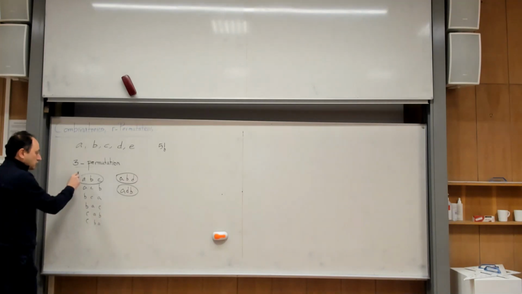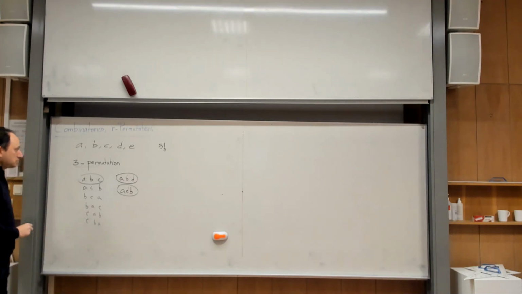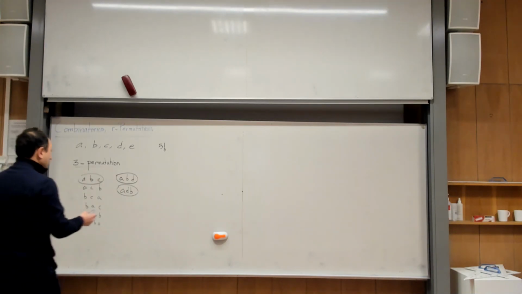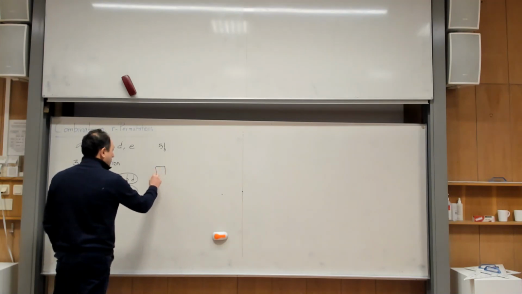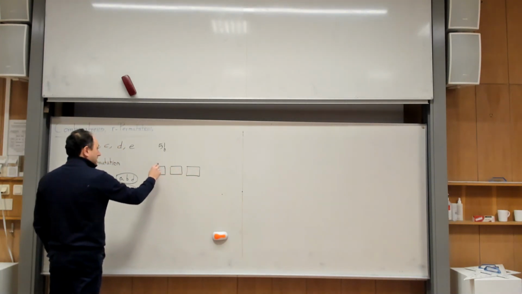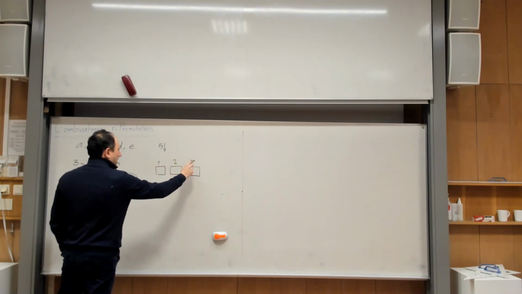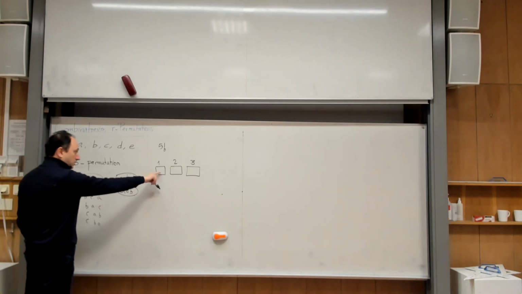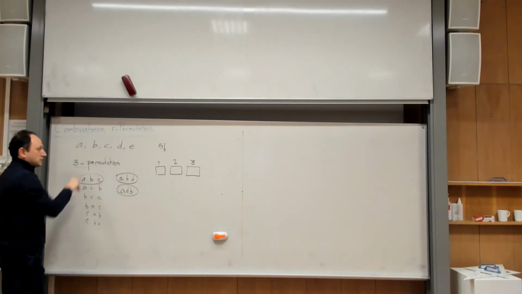And if I ask you how many 3-permutations are there, it's a very easy task. You can actually solve it even just by the product rule. You would say that if I want to have a 3-permutation, it means that I have 3 distinct locations, and I want to fill each location with exactly one of these items.